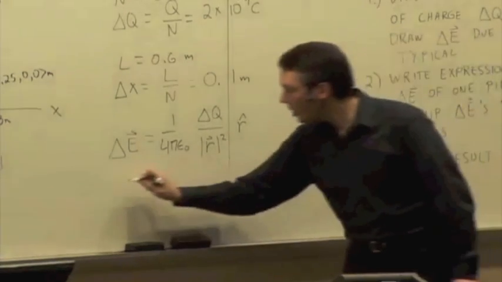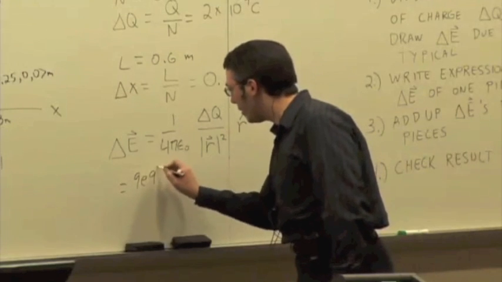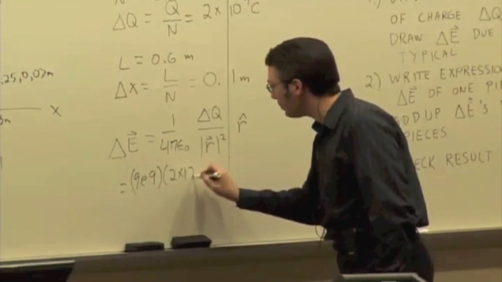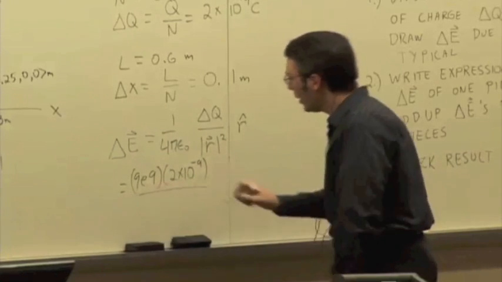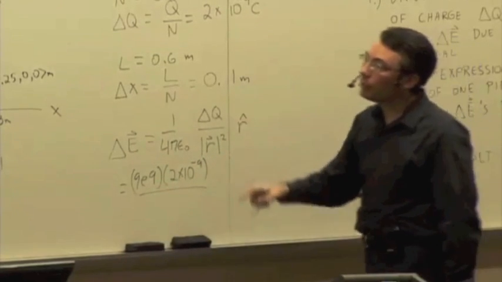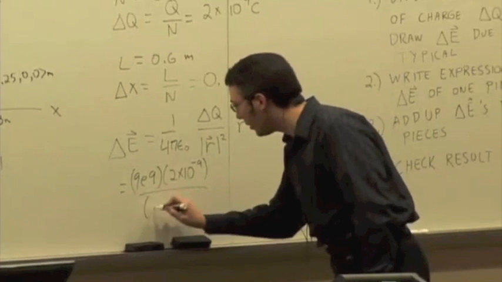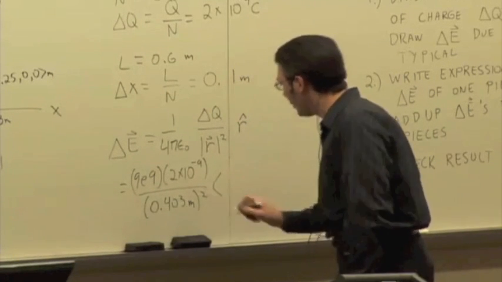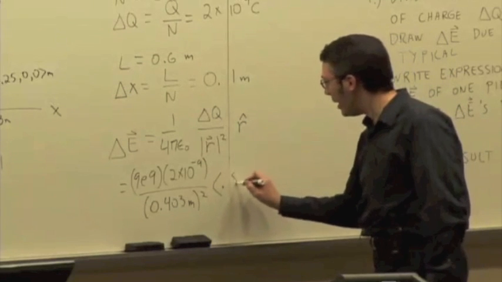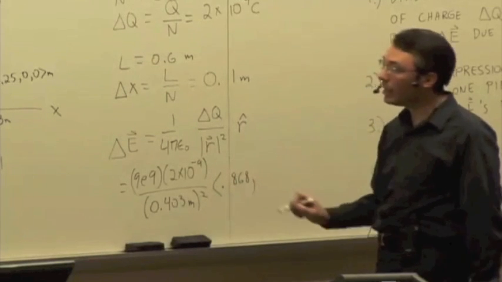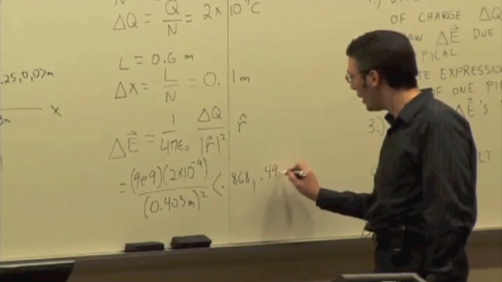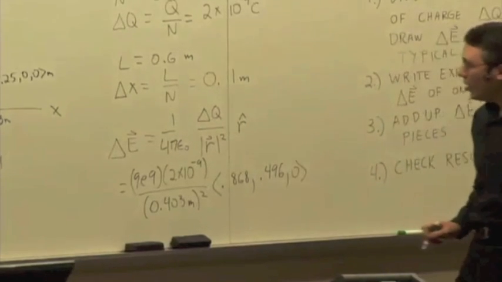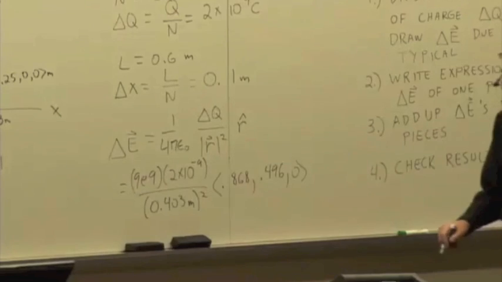So we have 9 times 10 to the 9th, a delta Q of 2 times 10 to the minus 9, and an R of 0.403, so that's 0.403 meters squared. And we're multiplying that by the unit vector 0.868, comma 0.496, comma 0. Okay? So multiply it all out. What do we get for the electric field vector?